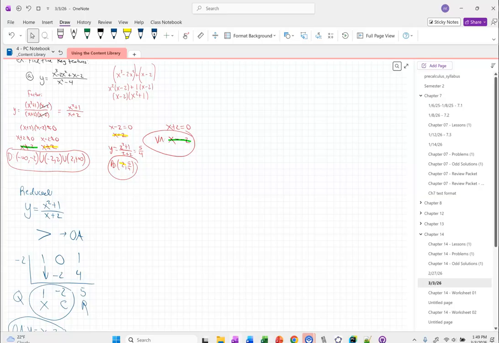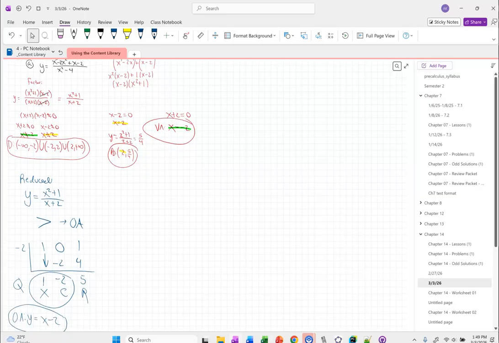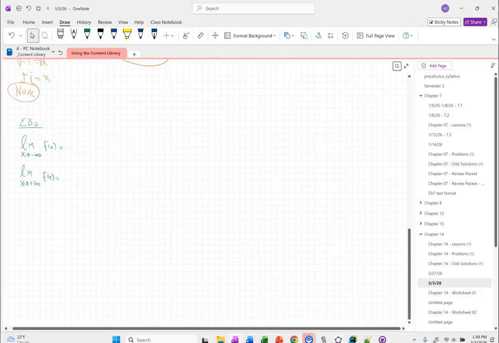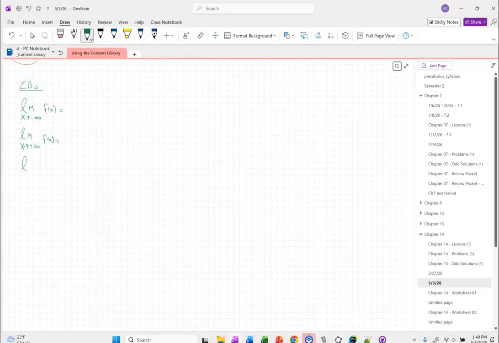Everybody's okay? So how do I write that then? I'm going to need the left side of the asymptote and the right side of the asymptote. Always 2 end behaviors per asymptote. Always have the far ends.